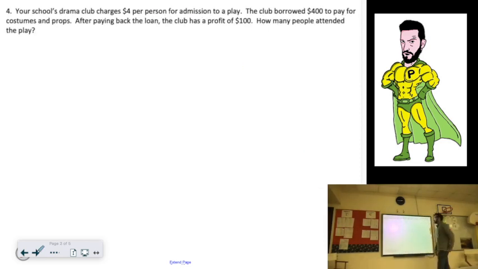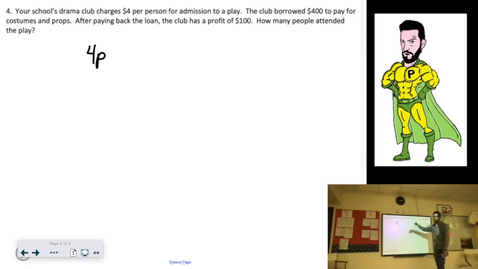Your school's drama club charges $4 per person. Okay, so each person we're getting $4 for. If we had 10 people, that would be 4 times the 10. So we're going to do 4 times the number of people. Great, that's how much money we're going to get for admission to a play. The club borrowed $400 to pay for costumes and props.